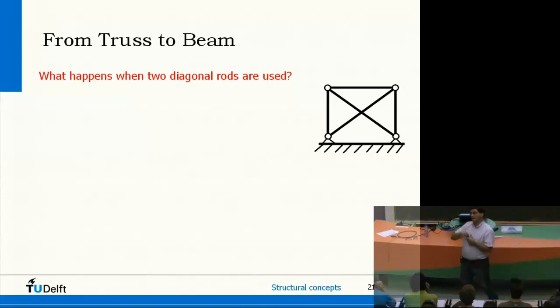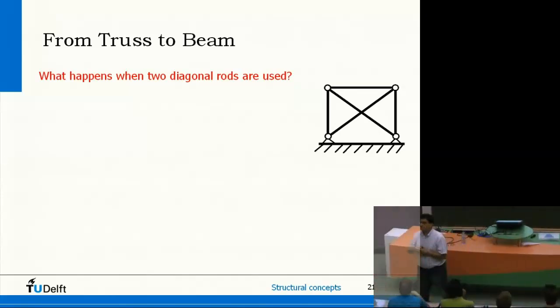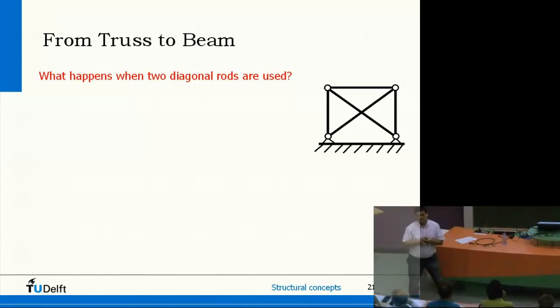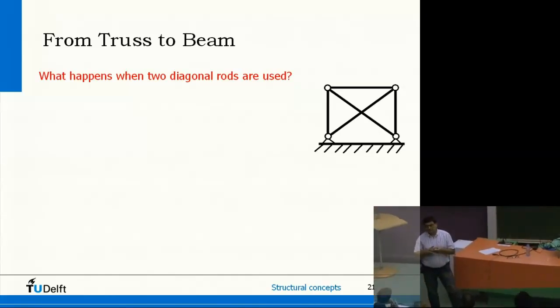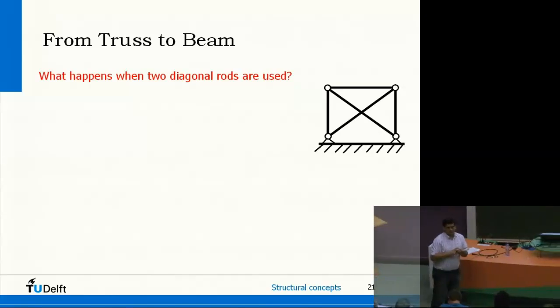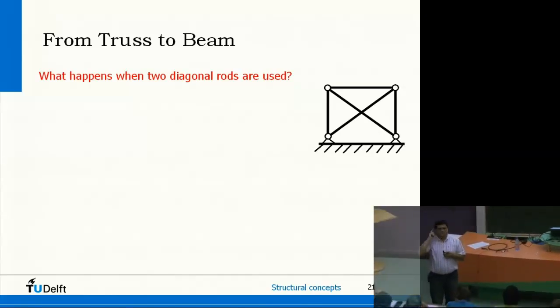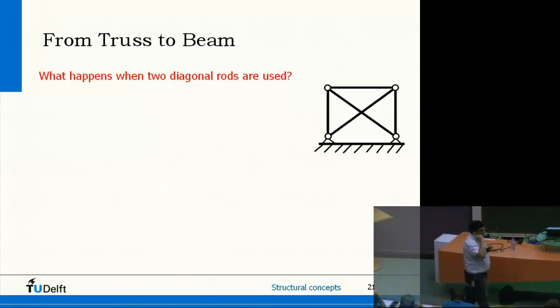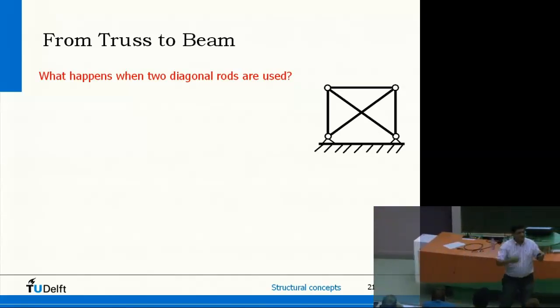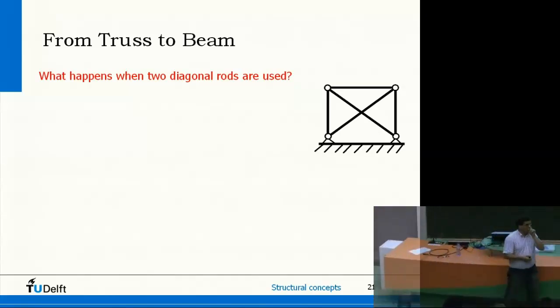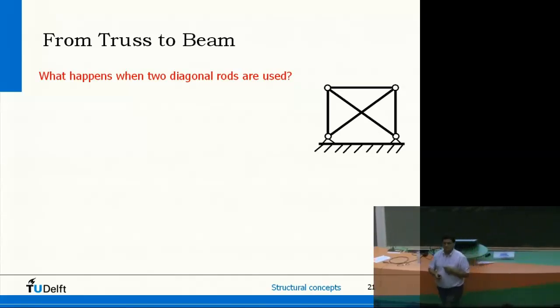They have more weight. They are all depending on one component. If one component fails, the whole system fails. That's questionable. More material, more weight, more material waste. Some buckling is possible.